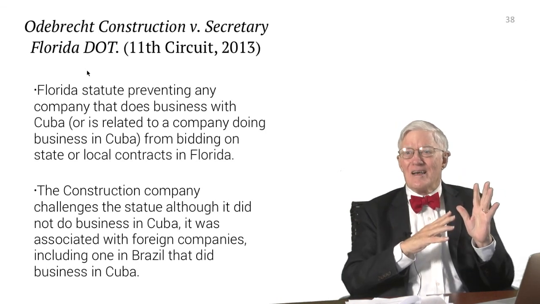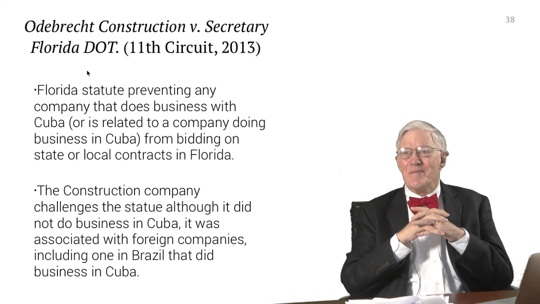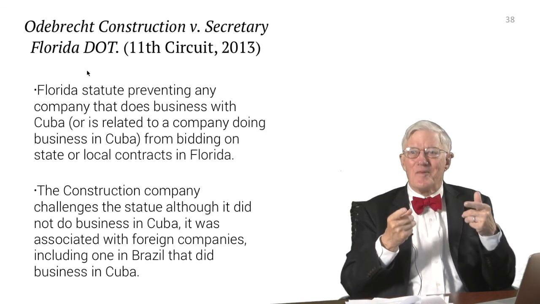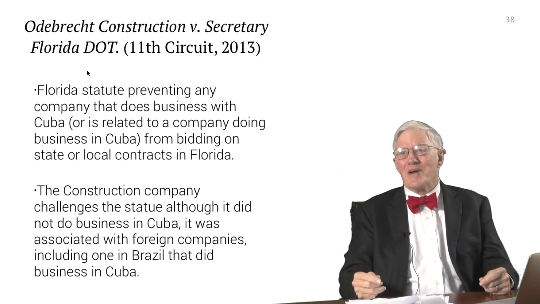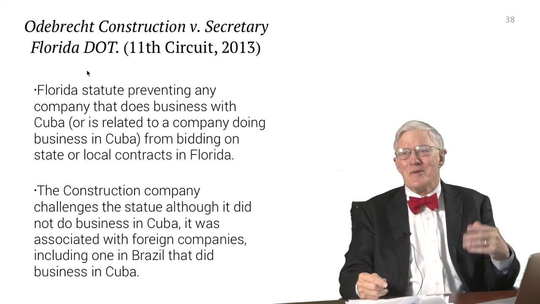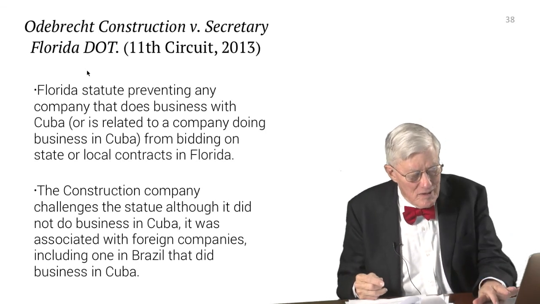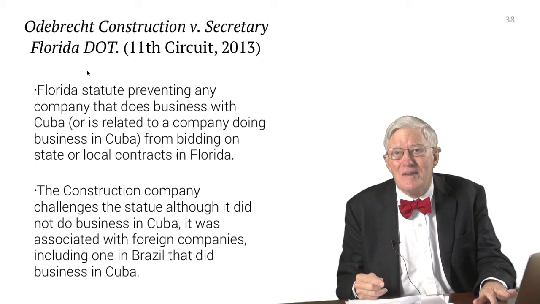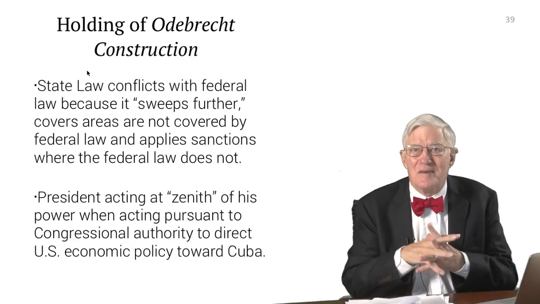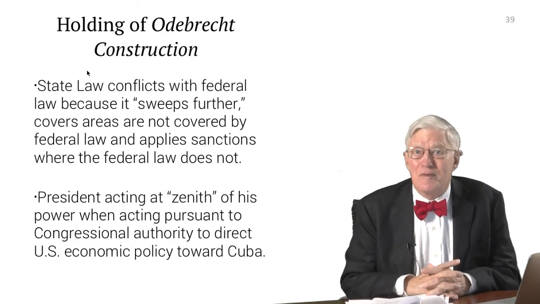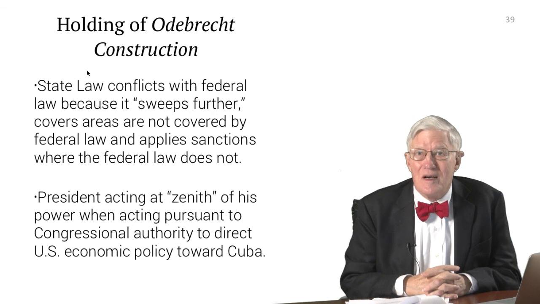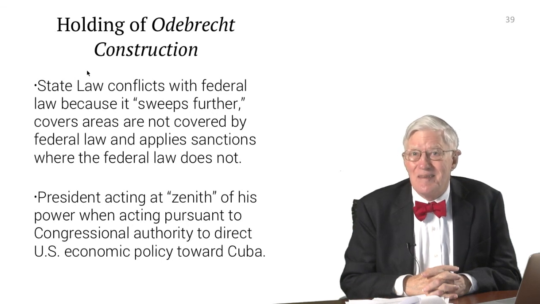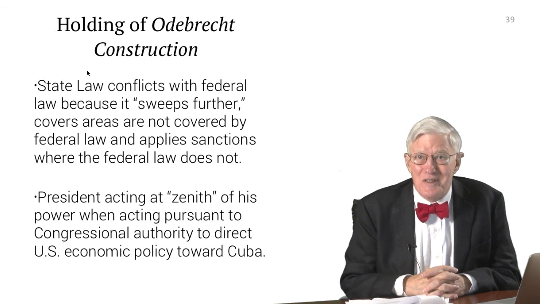An affiliated company to Odebrecht did business in Cuba, and so to make sure that the barrier was not applied to them, they sued, and the court upheld the position that where state law conflicts with federal law, and that federal law is enacted pursuant to the federal Constitution, then the state law must fall.